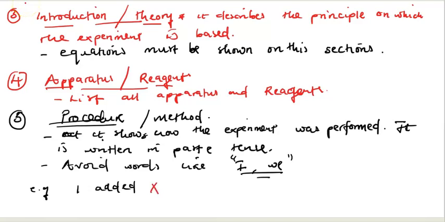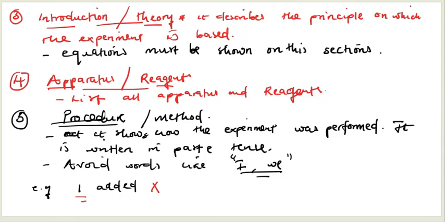This is wrong. You can't say I added, but instead you just have to start by saying, if it is 2 ml which was added to a certain beaker, you just say 2 ml of sodium hydroxide, for example, was added to the beaker. Okay, so you just have to go straight to the point. You don't have to add we, I, they did this. No. So you avoid those words.